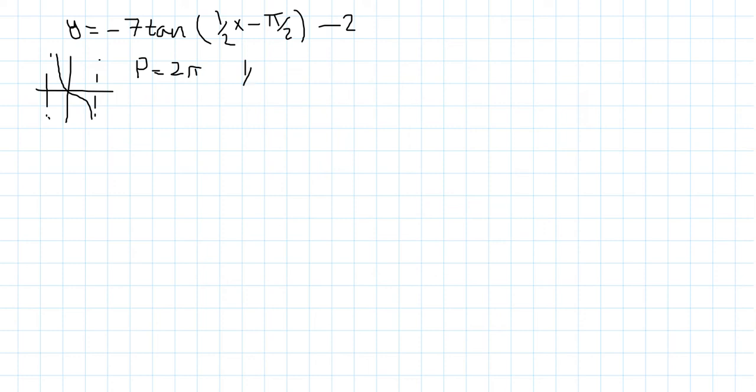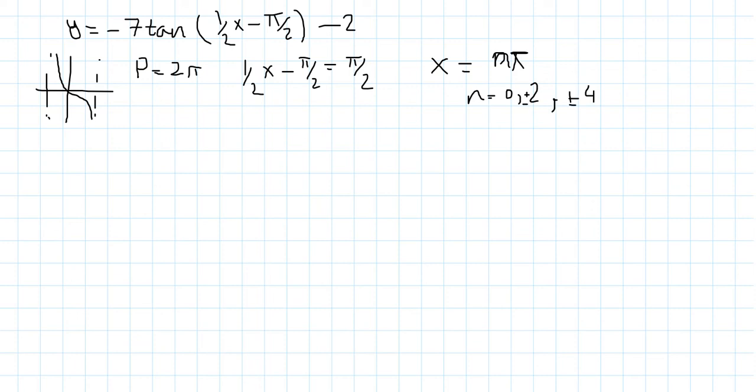And the first asymptote, I know, is at x equals n pi, so n is an even number, from 0 to positive and negative 4, and if we draw this between 0 and 2 pi, now you can draw the graph.